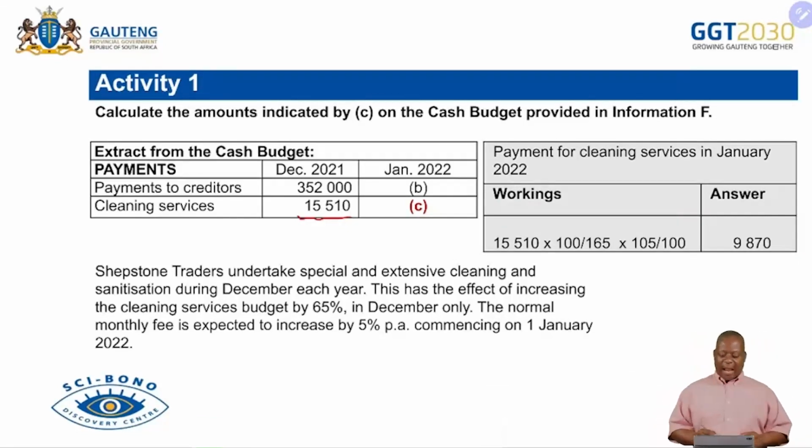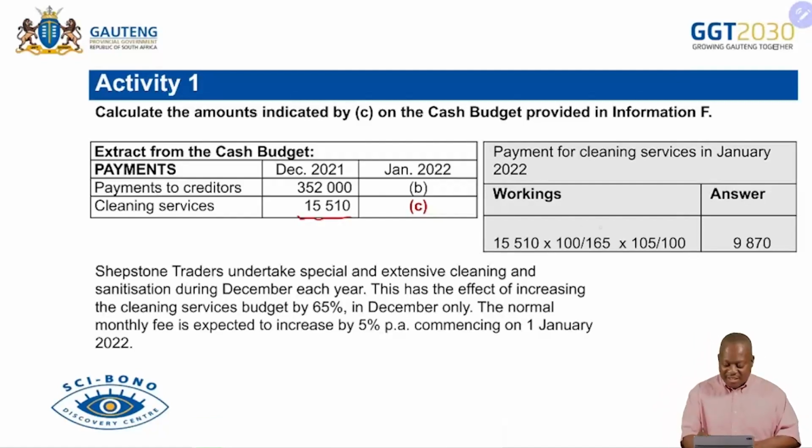So it's going to look like 15,510 times 100 over 165. Why are we doing that? We want to go back to normal. After having the normal, we increase it by 5%. So we multiply by 105 over 100. Why are we doing that? To increase it by 5%.